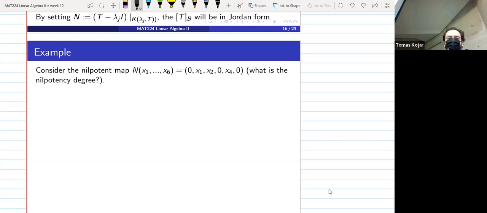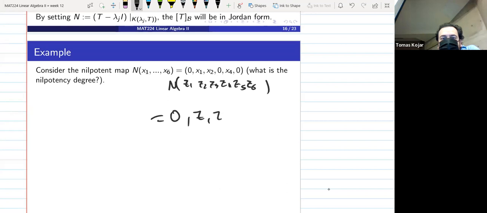So x4 got sent to 0, right? So let's do it again. We have z1, z2, z3, z4, z5, z6. You take N of that, then you get 0, z1, z2, 0, z4, and 0, right?